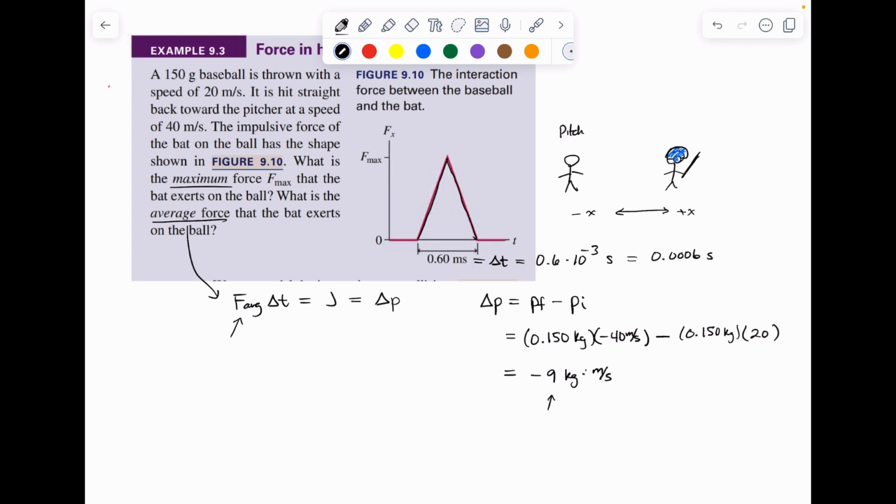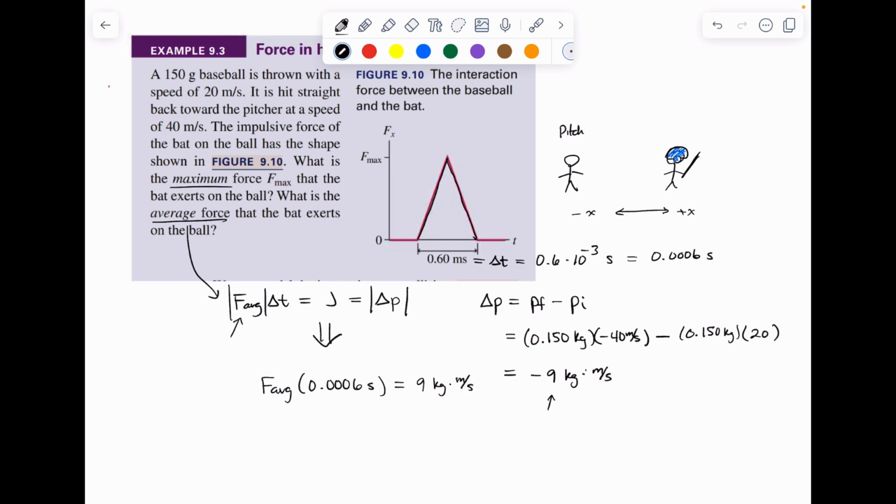Now we can make use of this relationship on the left. Average force times delta t, 0.0006 seconds, equals our change in momentum, or the magnitude of it. Just to be clear, this would be equal to 9 kilograms times meters per second.